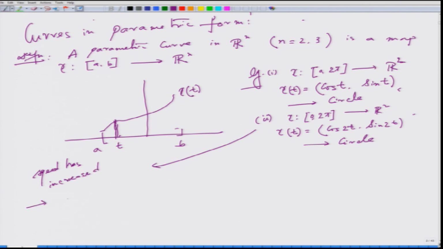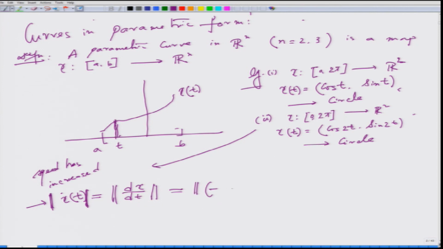And what is speed? You know from your basic physics, the speed is the absolute value of gamma dot t, that is d gamma/dt. In R^2, absolute value is replaced by norm.